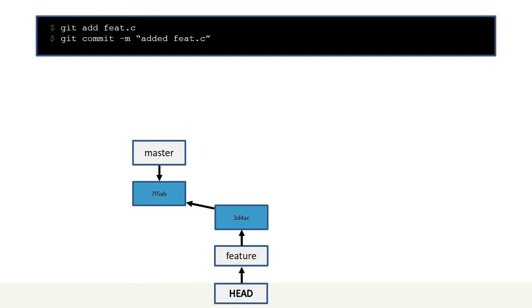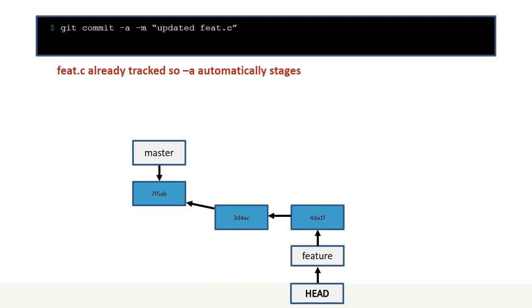But let's say, working on feature, I add a file called feat.c, and then I commit it, of course, with a message, in this case, "added feat.c". That's just going to create another commit. It's going to move the feature reference to that new commit, and HEAD with feature. Now, if I make another change to a file and then add it and commit it, which I can do in this case with git commit -a -m and then a commit message.